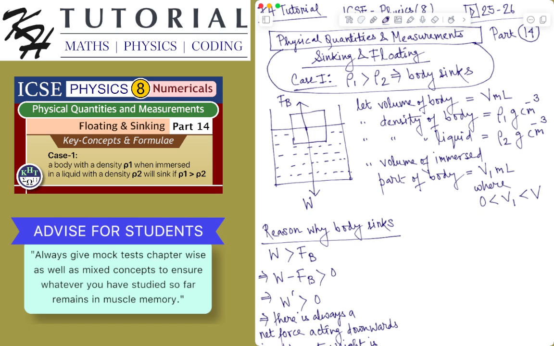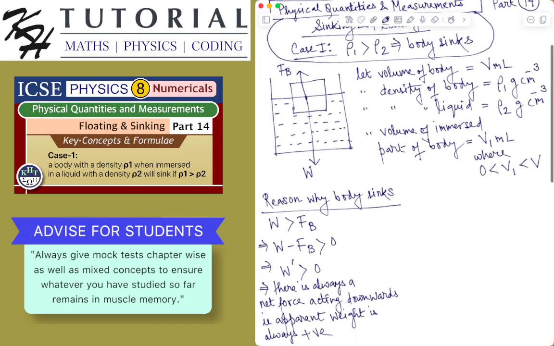No matter what the value of V1 is, whether it is partially immersed or wholly immersed, if the weight W is always greater than the buoyant force Fb, then the net force will act downwards. The net force is W minus Fb, which is also the apparent weight of the body in the liquid.